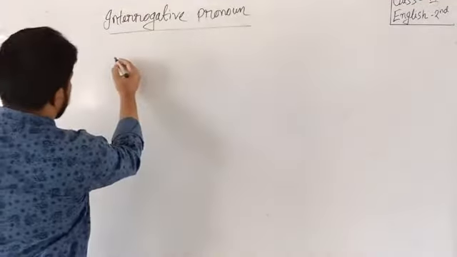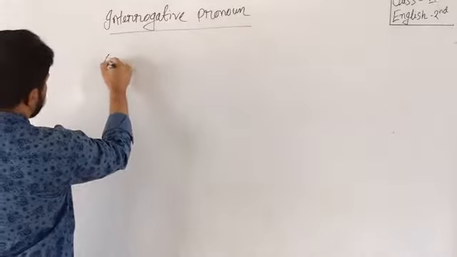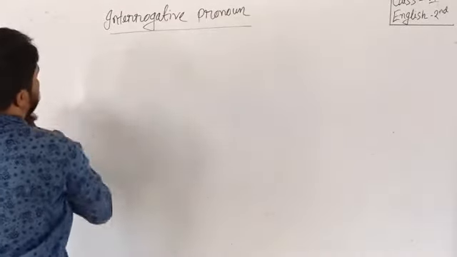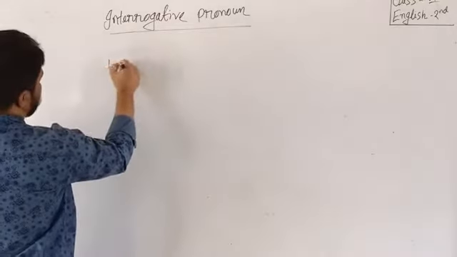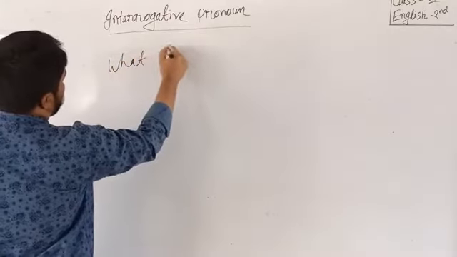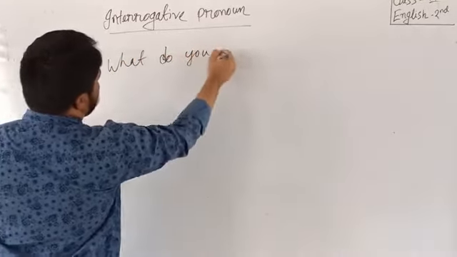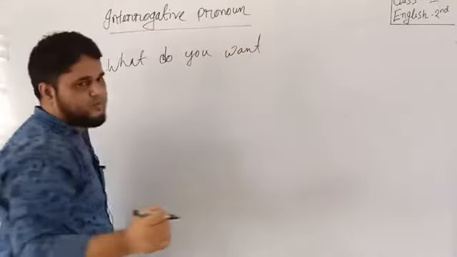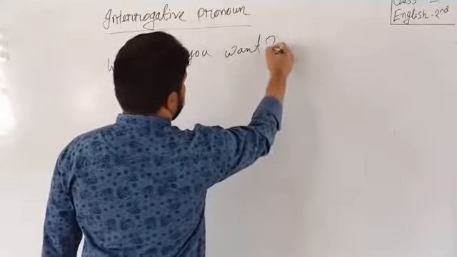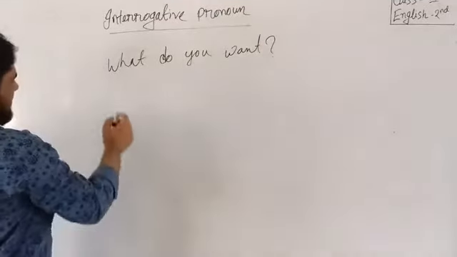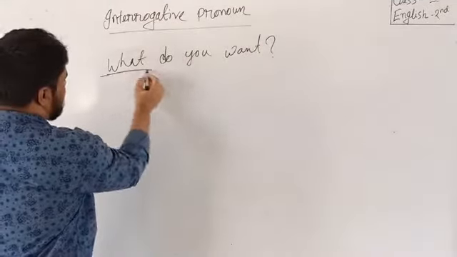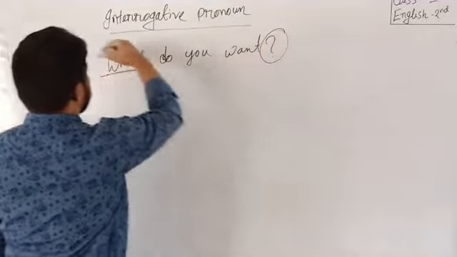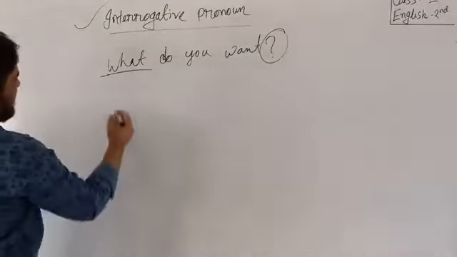I am showing you an example. Interrogative pronoun, like, what do you want? And again you have to put a question mark at the end of the sentence. A sentence that starts with a WH question and ends with a question mark is called an interrogative sentence.